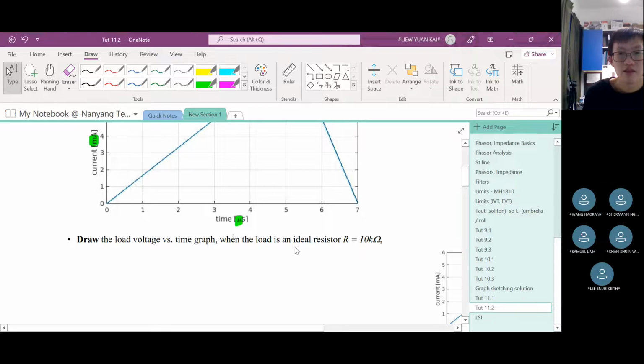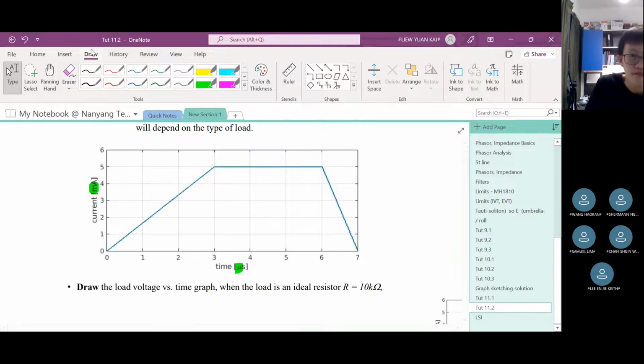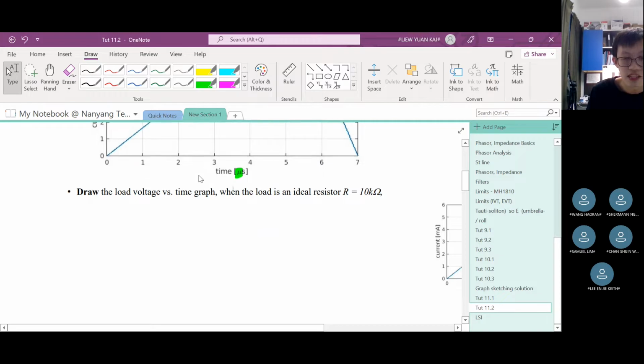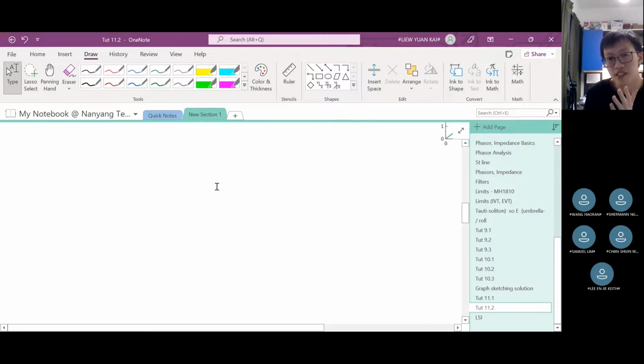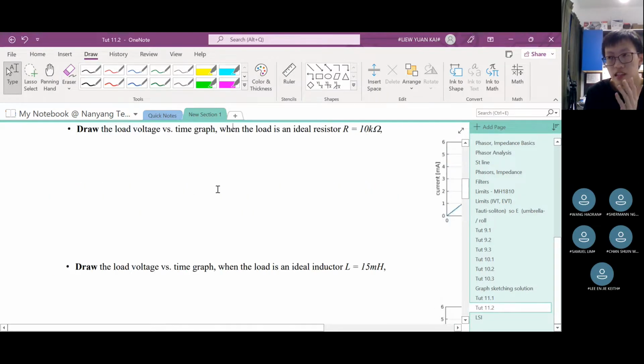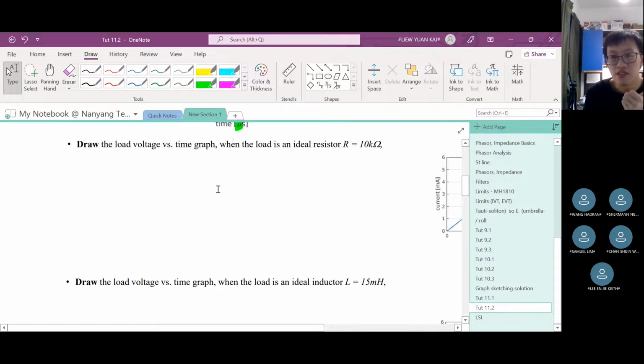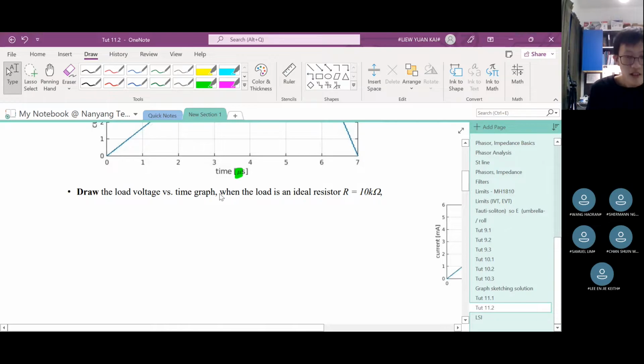So what does that mean? It means if I put a resistor and I vary the current like this through the resistor, what will the voltage look like over time? So this entire question, what is it testing? It is trying to test your understanding of the relationship between V and I for a resistor, a capacitor, and an inductor.